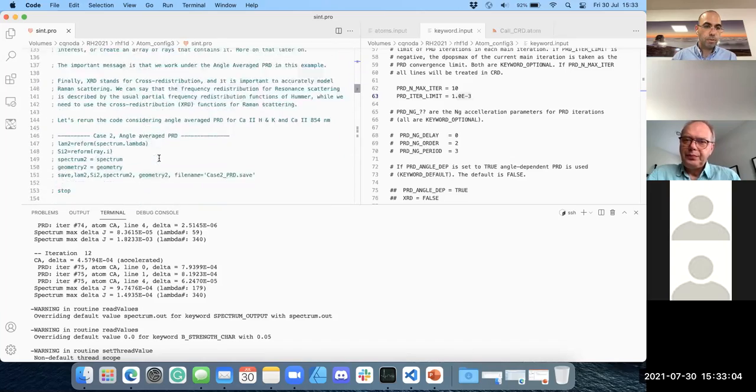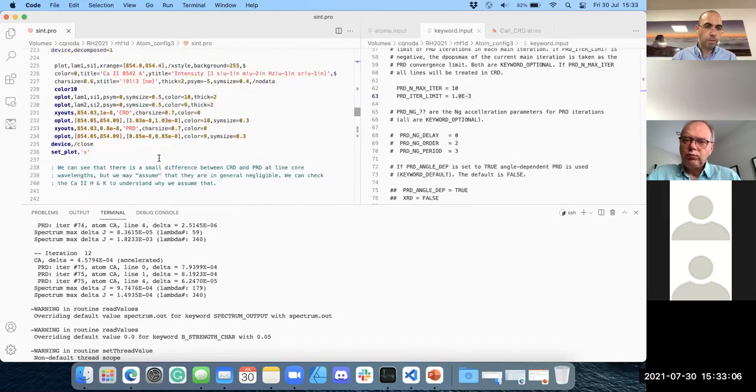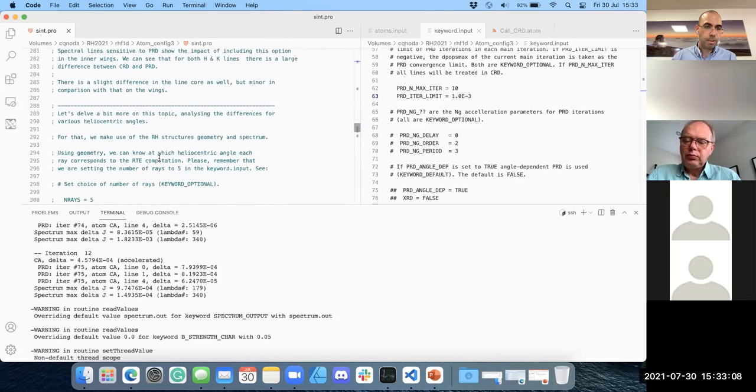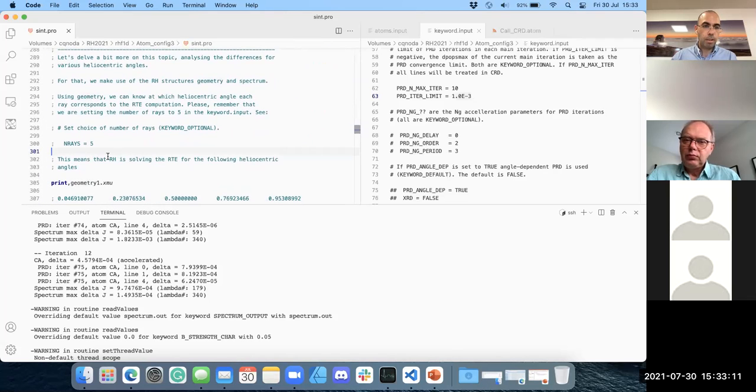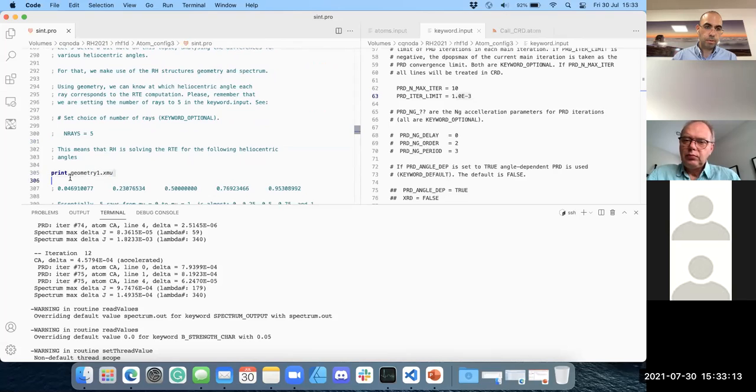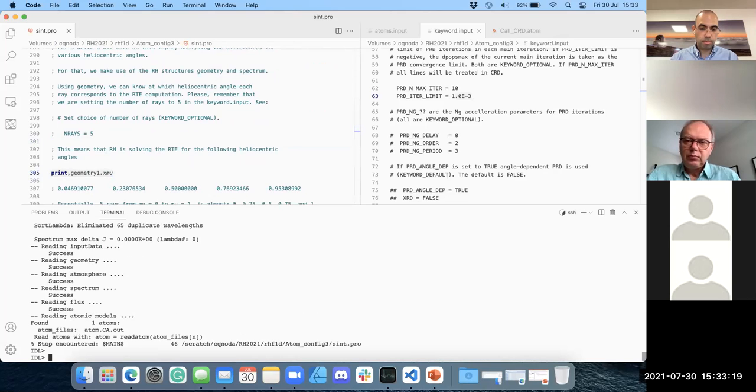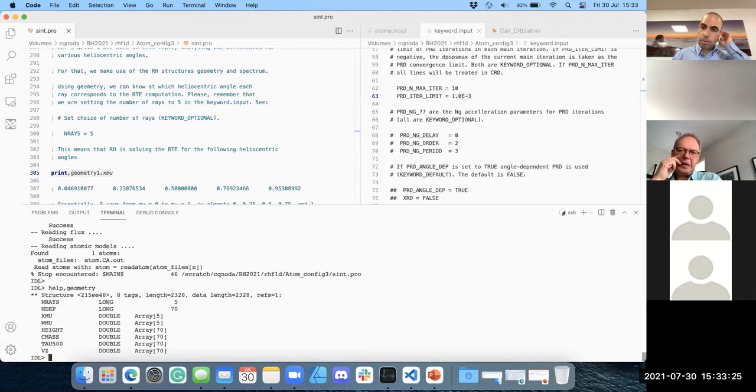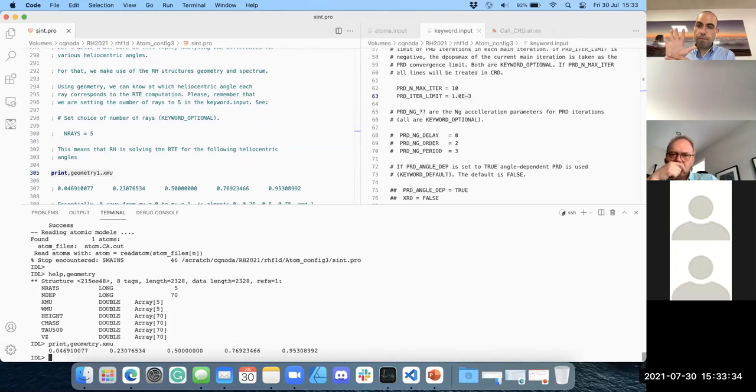Okay, so then if we go up to this point, if we do this, so if I do help geometry, okay, you have a lot of things. And if you do print geometry.xmu, okay, you have 5 values.